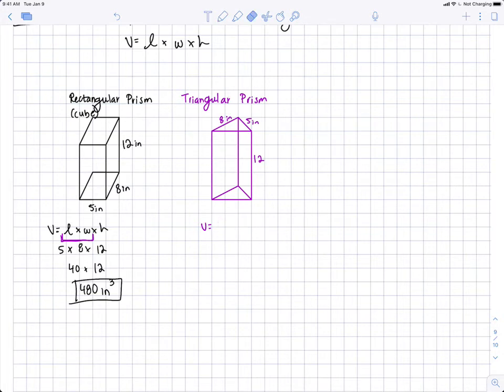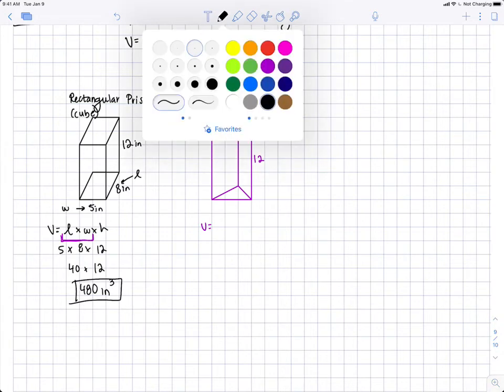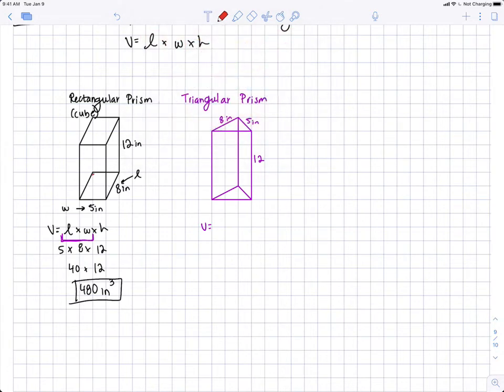So again, remember, our goal here is to find a new way to write how we find volume. In our rectangular prism here, this 5 would be our width, this 8 would be our length, and when we multiplied this together, we found the area of this piece here.